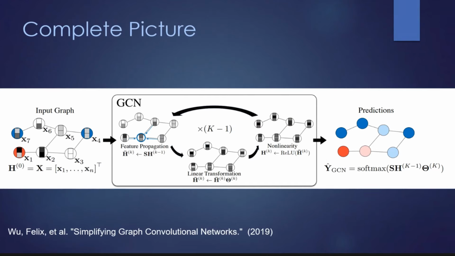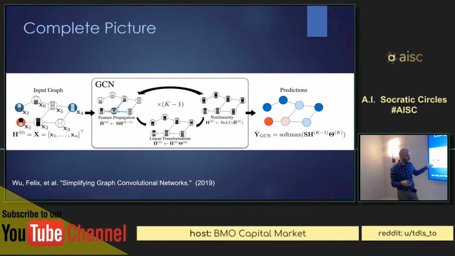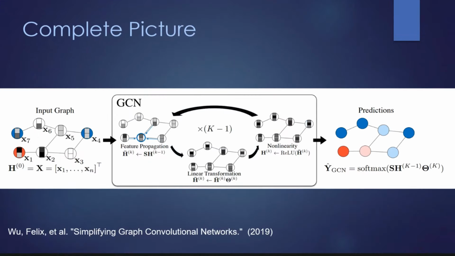And then you repeat this process for as many layers as you want in your architecture, such as here. You have the input graph with your input features. You have this graph convolutional layer that basically consists of aggregation, some linear transformation, some nonlinearity. And you do this multiple times, and you have an output.